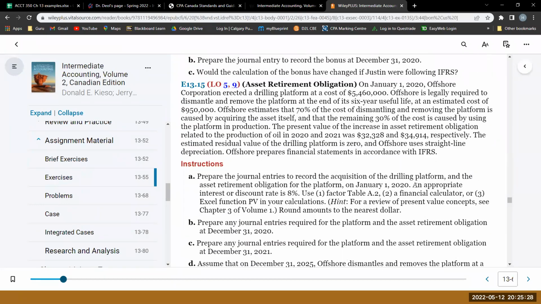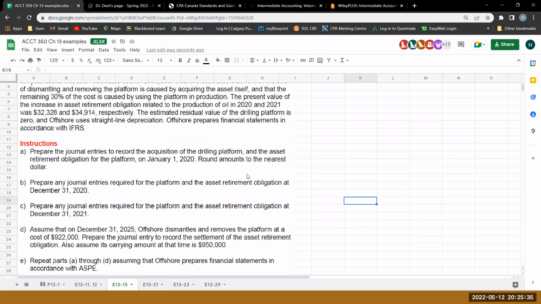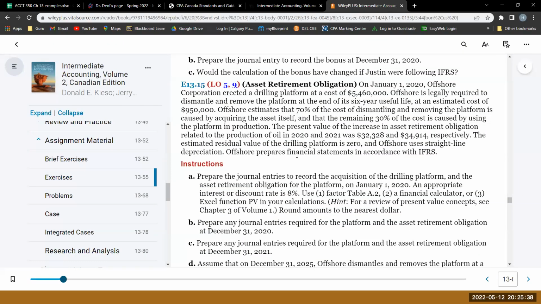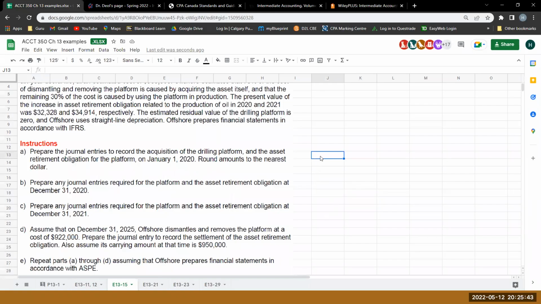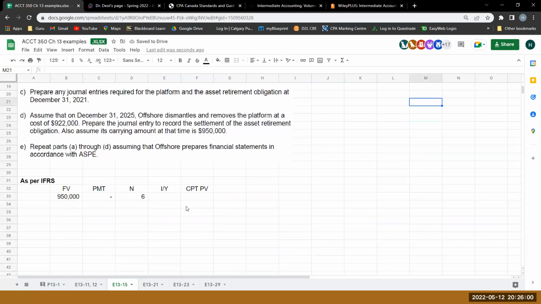Oh, yes, an appropriate interest or discount rate is 8%. When I copied the question, I did not include that. So discount rate is 8% given. Without the discount rate, we can't really move forward. I by Y is 8%.